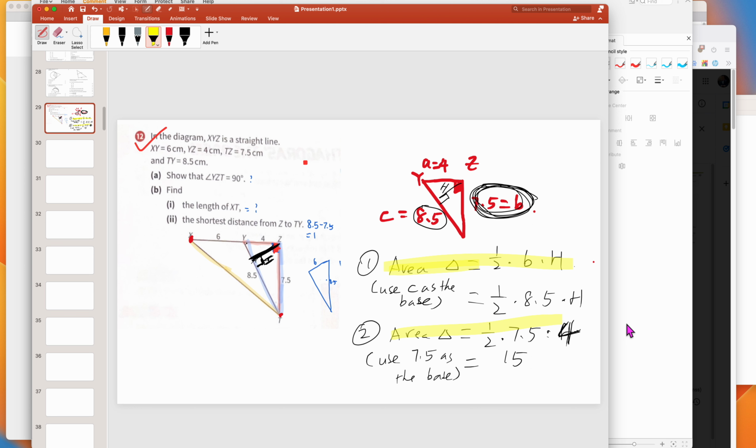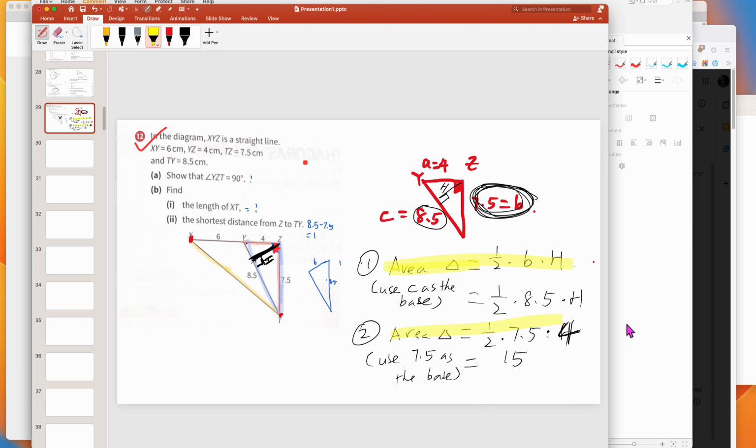Okay. Then method 2, they use 7.5 as base. But basically both methods are used to find what? The area of triangle. Very good.